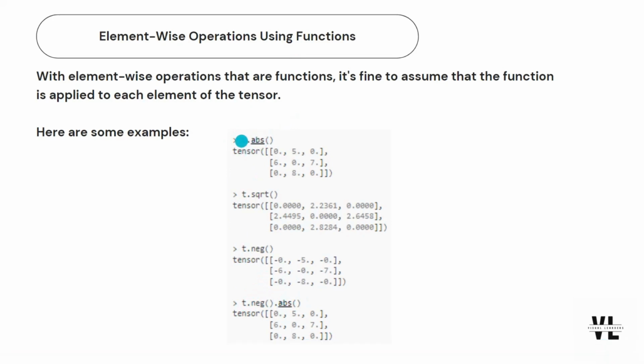When we perform these functions, they're also element-wise operations because they're carried out on each element of the tensor. The absolute value just takes the absolute value of each element in this tensor, and the square root takes the square root of each element. That's why they're called element-wise operations using functions.